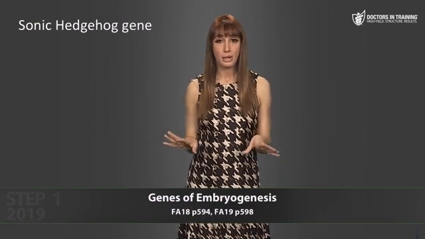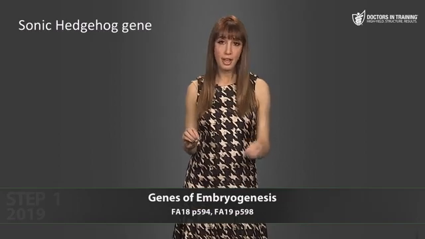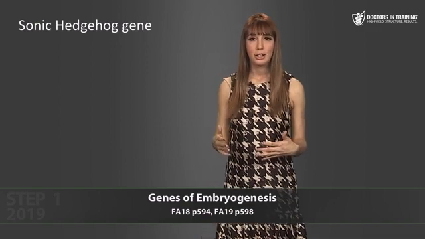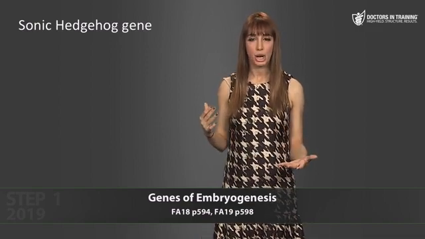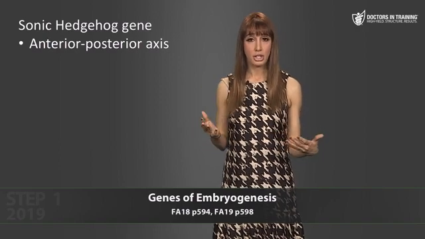One thing you need to know is that mutations of sonic hedgehog can cause holoprosencephaly, where the hemispheres of the brain fail to separate across the midline, and in severe cases, you have that single midline eye. Where did we see that earlier? That's right. Fetal alcohol syndrome will also cause this.